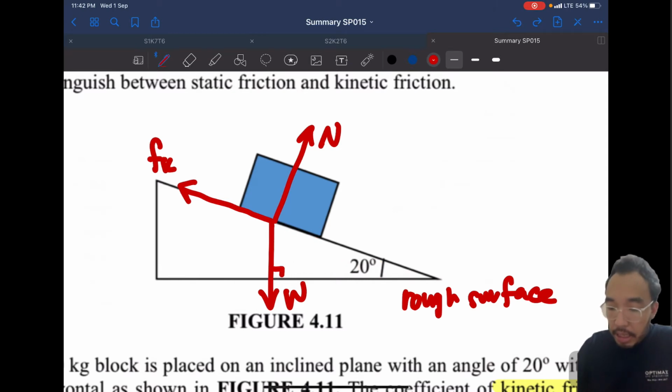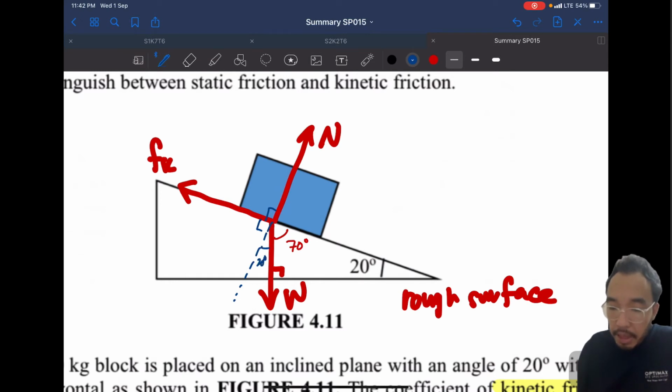Okay, the angle here will be 90 minus 20, which is 70 degrees. Okay, and if, let's say, I make this line a little bit longer, the end, which is 90 degrees to the surface and 90 degrees to there, then I will have 90 minus 70, which is basically 20.